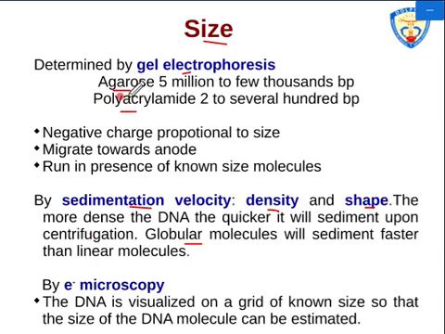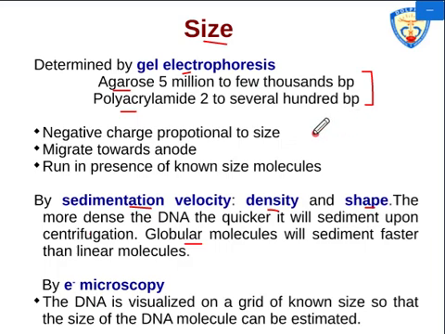So agarose gel electrophoresis can be used to separate molecules that are 5 million to a few thousand base pairs. On the other hand, polyacrylamide gel electrophoresis can be used to separate molecules that are 2 to several hundred base pairs. As nucleic acids are longer molecules, we use agarose gel electrophoresis for separation of nucleic acids.